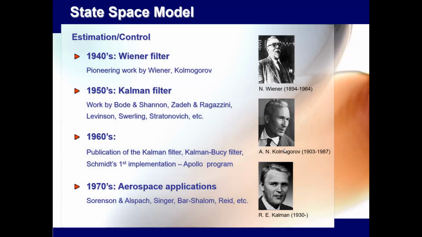And just briefly, as I said, this is nothing new. It has been investigated for many decades, starting from the 40s, and then the Kalman filter appeared around the 50s and 60s, and it has evolved to various space applications and so on.